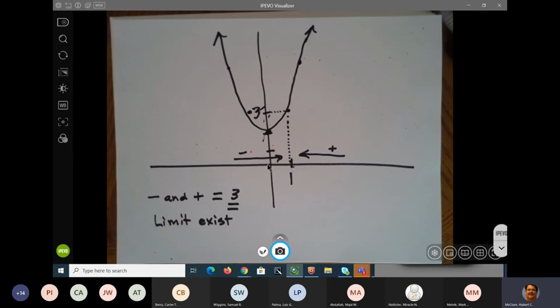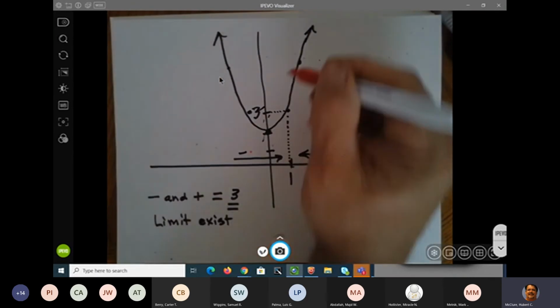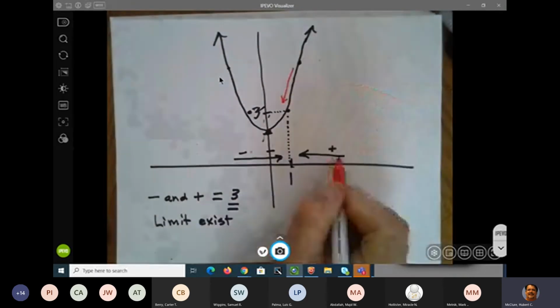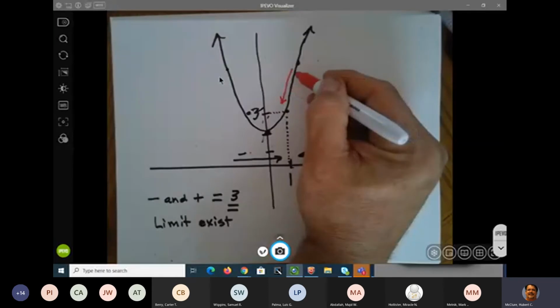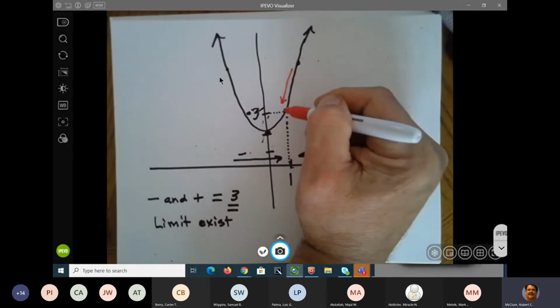If you approach x equals 1 from the right, you're approaching 3. And I'm going to take my red marker and do this. As I approach x equals 1 from the right, on my graph, I'm approaching 3.